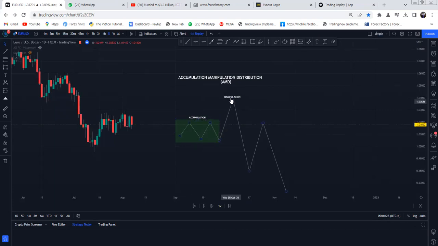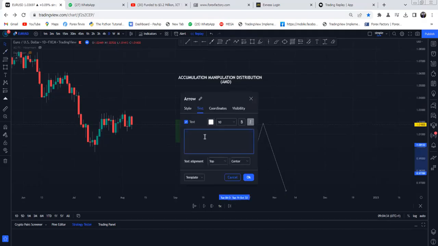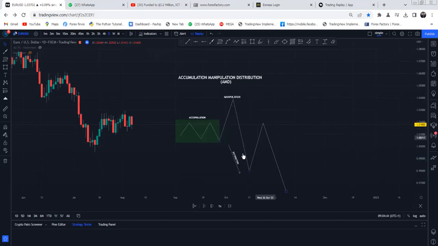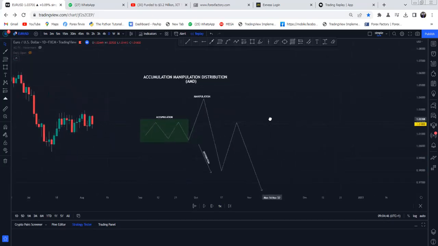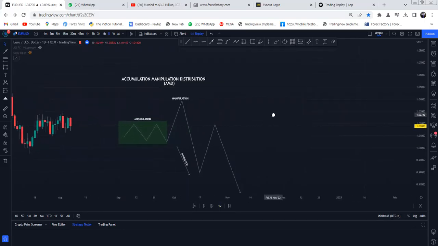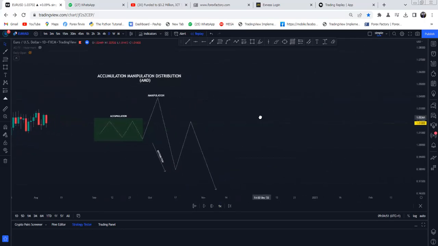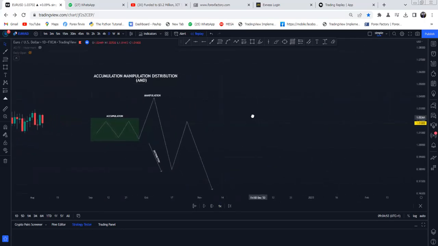It manipulates you to the wrong side of the market, and then you have your distribution phase, where price distributes to the right direction, in line with the order flow of the market. This is just the simple pattern. It is the same in institutional order flow that is bullish.